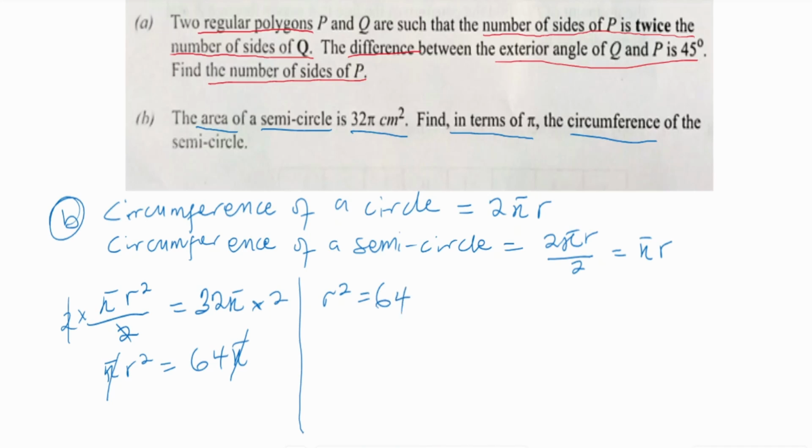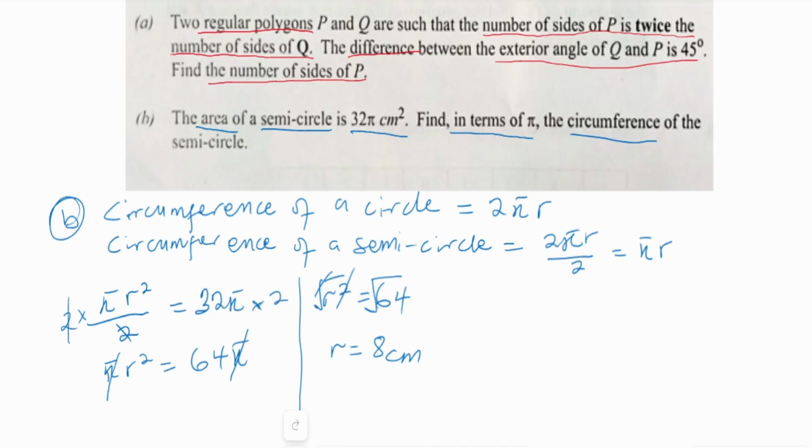And how do we undo the square? We're solving for r and not r squared. So to undo the square, we need to take the square root of both sides, right? Good. So this and this cancel out, and we have the radius of the circle to be the square root of 64, which is 8 units. And the unit in this case is centimeters.